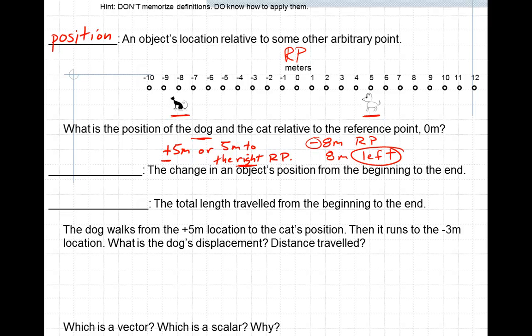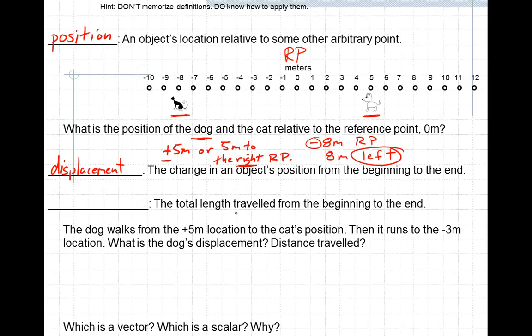Okay, so the next definition is the change in object's position from the very beginning to the end. Okay, so it's always relative to where it started from. We call this the displacement. And all that matters for displacement is where are you relative to where you started.